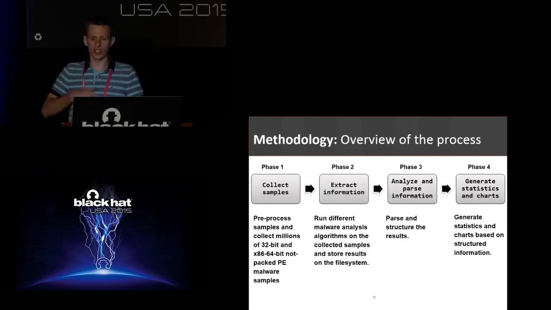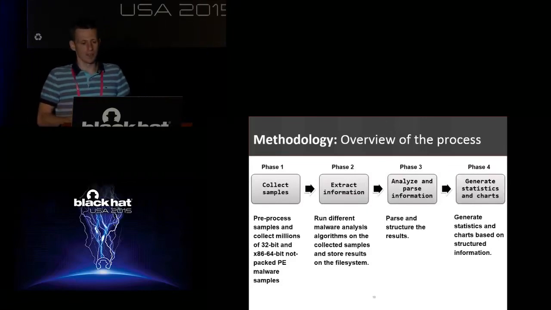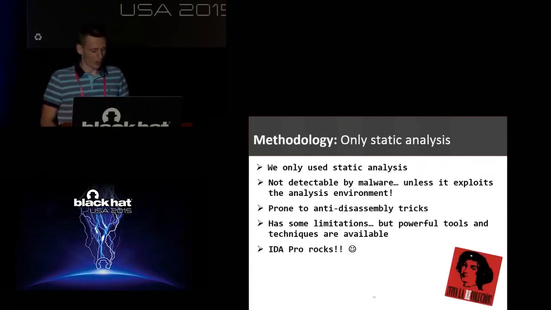We were running IDA Pro with all the plugins and scripts which were generating output data. Then we went through two phases, combining and aggregating all the results, and generating statistics and charts, which we'll present in this presentation. Another important thing to say is that we were considering only static analysis.